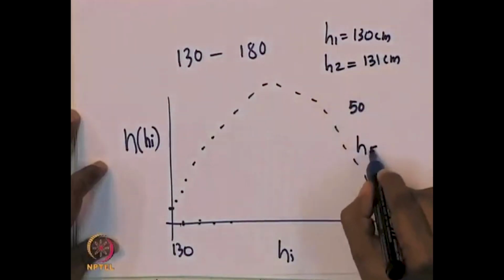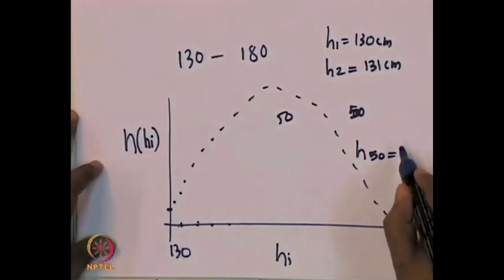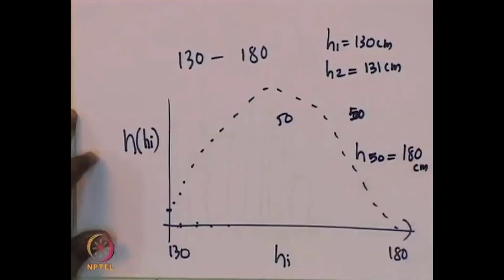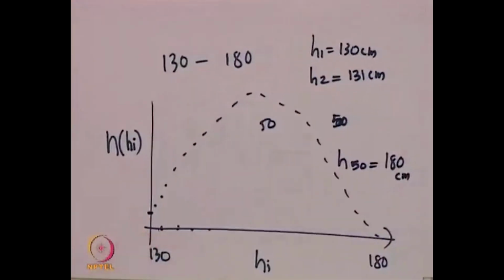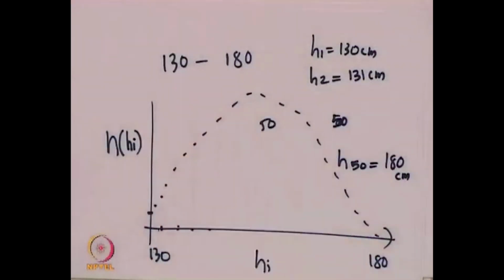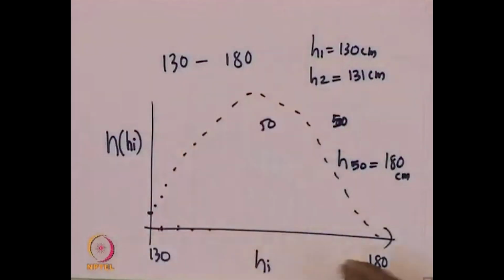Similarly, H50 is 180 centimeter. So, you can write it this way. Basically, you can have a Hi versus N of Hi graph which might have some particular shape. Let us say it has this particular shape, N of Hi versus Hi.